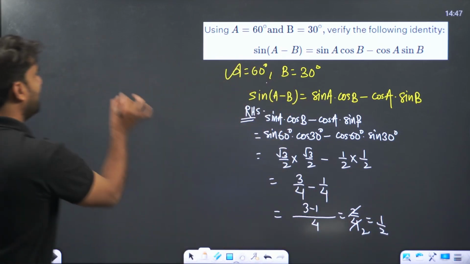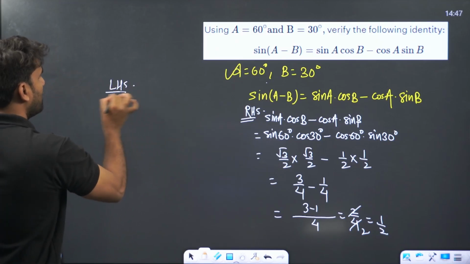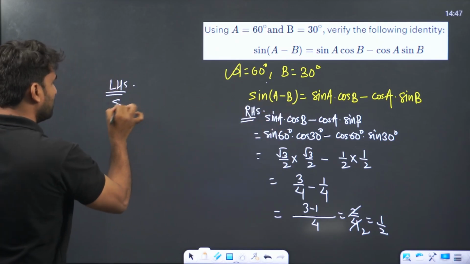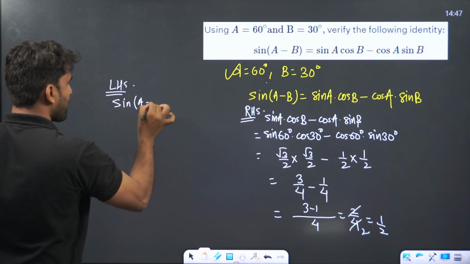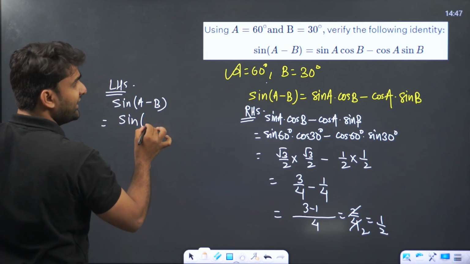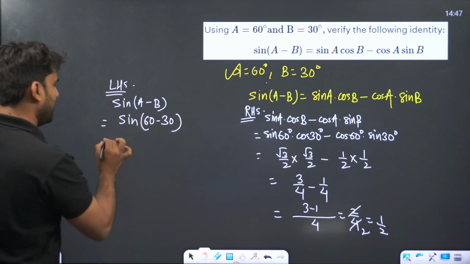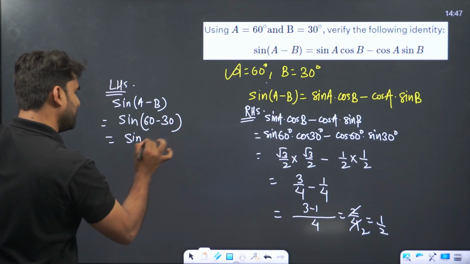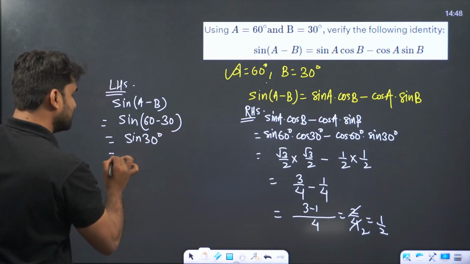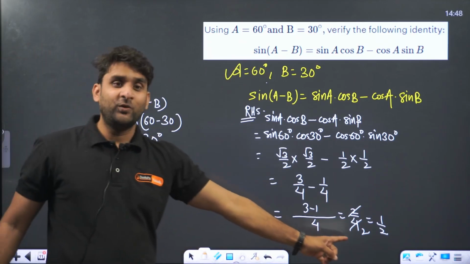Now moving to LHS. What is LHS, guys? Sine (A minus B). Okay. What is A here? A is 60. And what is B here? B is 30. My dear champions, 60 minus 30 will be 30 again. And sine 30 is also 1 by 2. What is RHS? 1 by 2.